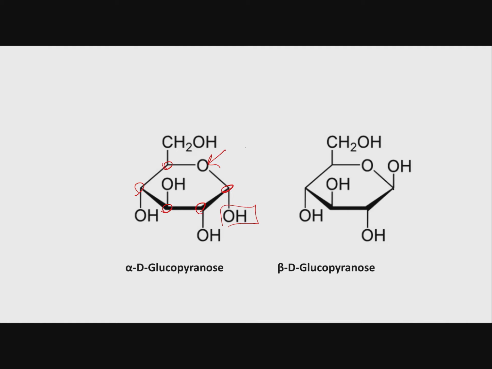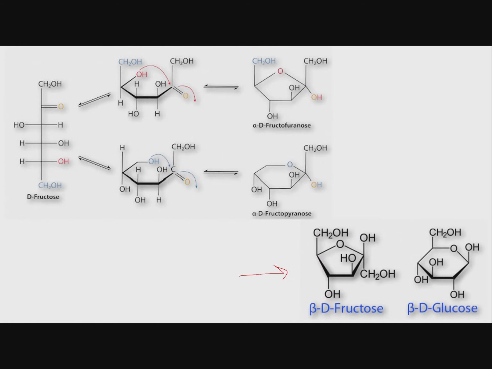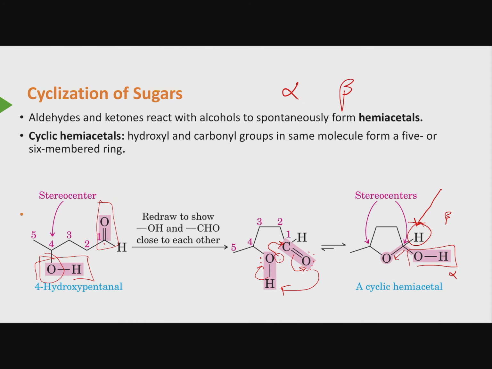So let's talk about how we know where the anomeric carbon is. The anomeric carbon is usually going to be shown right here. It's going to be the number 1 carbon, if you think about it that way. If we go back to the ring, or even here, we can see that. In fructose, it's not the number 1 carbon, it's the number 2.